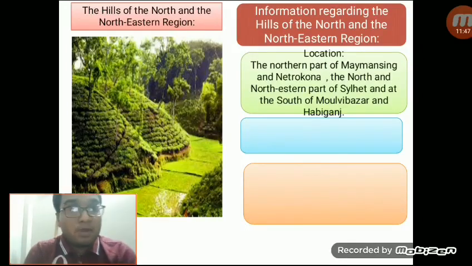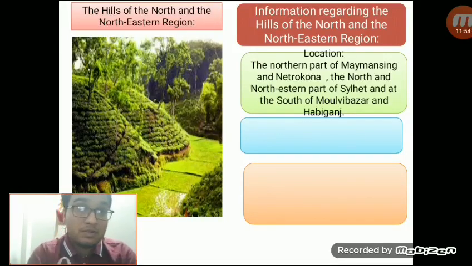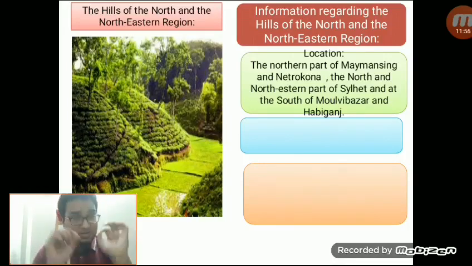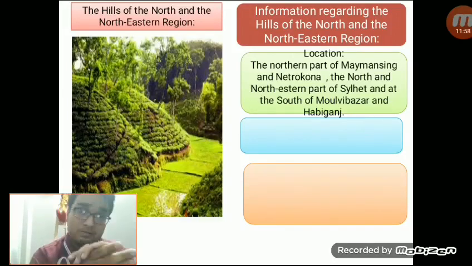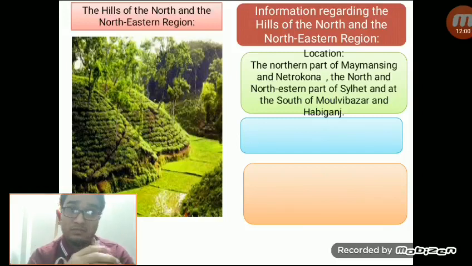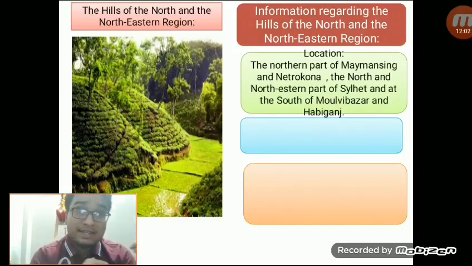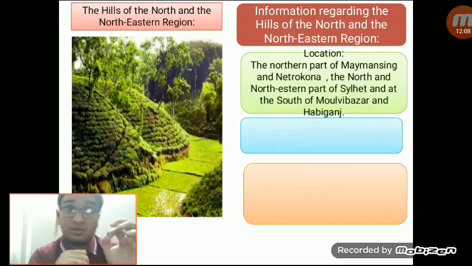The northern part of Mymensingh and Netrokona, the north and northeastern part of Sylhet, and the south of Maulvibazar and Habiganj. You can just memorize the names of the districts. For example, Mymensingh, Netrokona, Sylhet, Habiganj, and Maulvibazar are included in the hills of the north and the northeastern region.